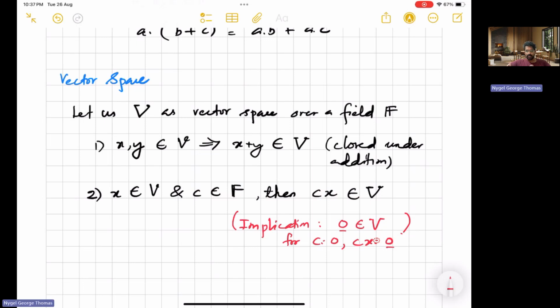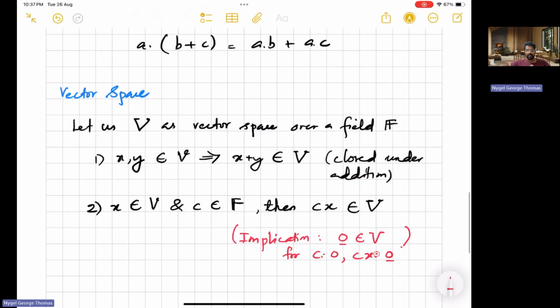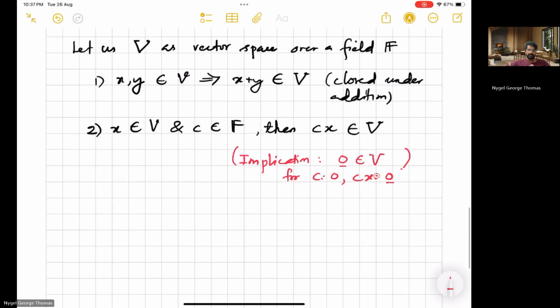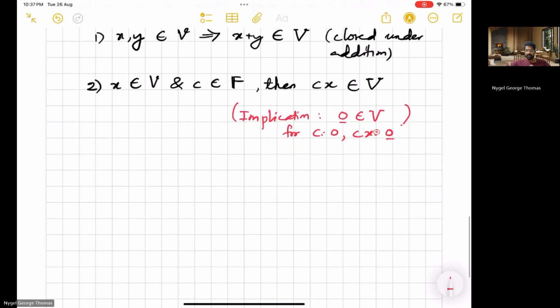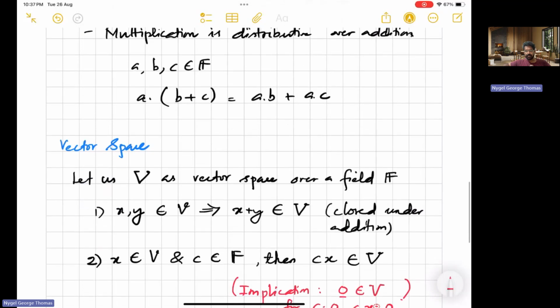It's closed under addition and closed under scalar multiplication. If these two properties are satisfied, we can call it a vector space. This is the basic idea of vector spaces. Let's stop the discussion of vector spaces now.